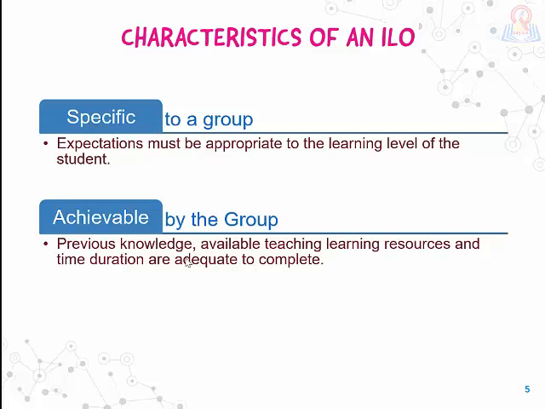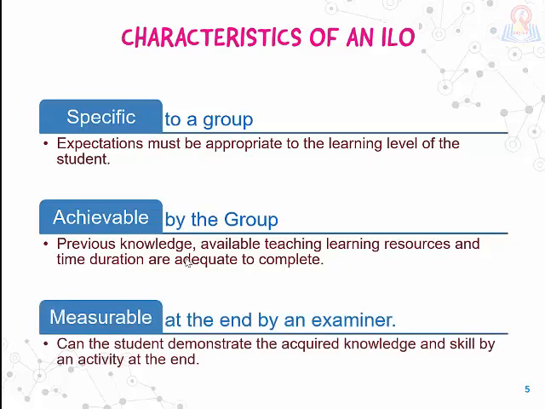We must take into account the previous knowledge and the available teaching learning resources. Very important are the library facilities, the online facilities, the teaching facilities, everything, which should be taken into account before you write the intended learning outcome.